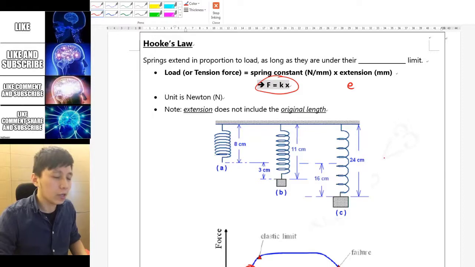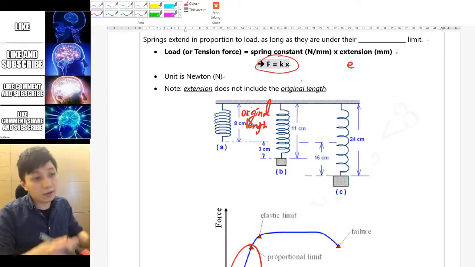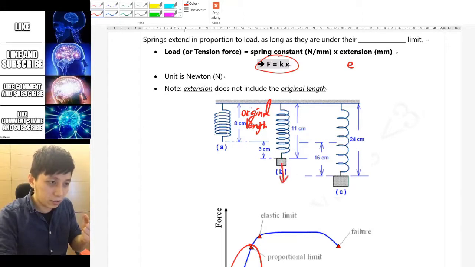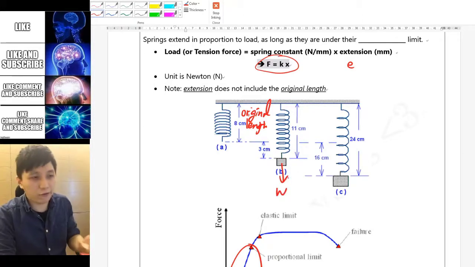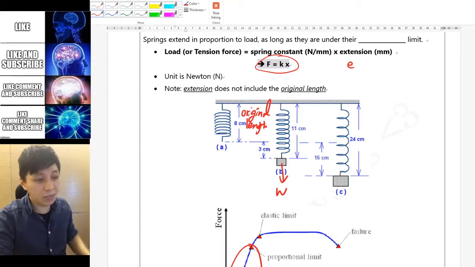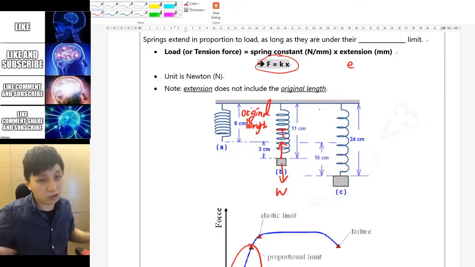That is to say, as an example, if we have a spring like this with 8 cm as the original length, let me put it down, you can also put it down as well, original length. And now if there is a block attached to it which would exert a force, which is the weight of the block itself, and therefore the spring, in order to maintain the whole system stationary, then there must be a force pulling the block, and that is the tension itself.